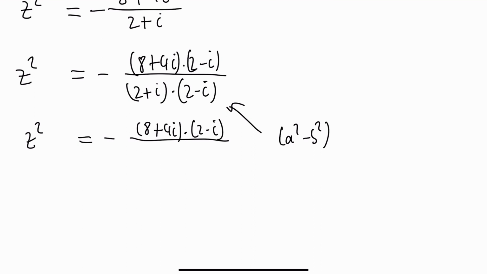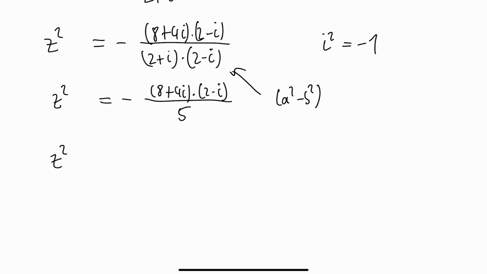So we have 2 squared minus i squared, and i squared is by definition minus 1. So 2 squared is 4, minus minus 1, equals 5. So we have a 5 here.